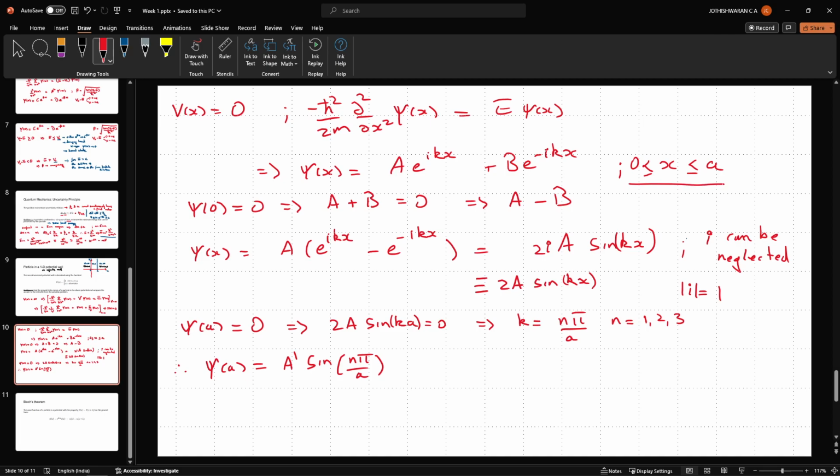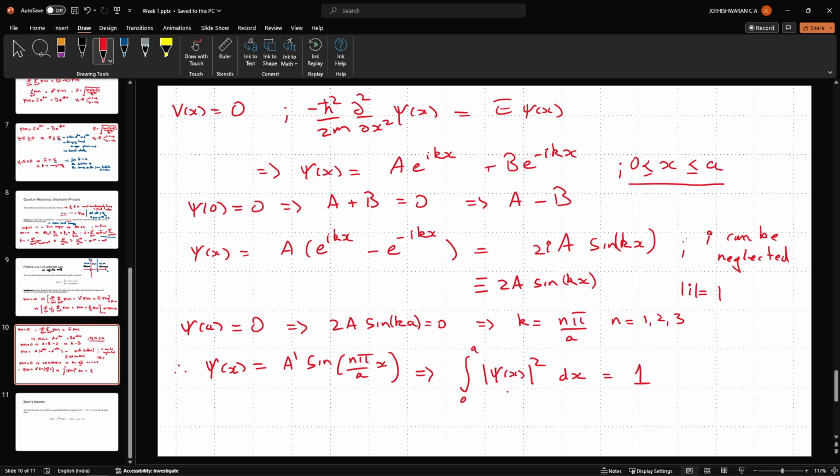It is completely confined between 0 and a, which implies integral 0 to a of the modulus squared of psi of x dx should be equal to 1, where psi of x is equal to a prime sine n pi by a times x. This is the total region in which the particle can be present, and the probability, sum of all possible cases, should be 1.